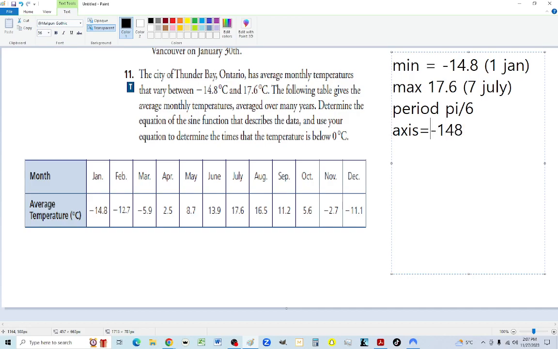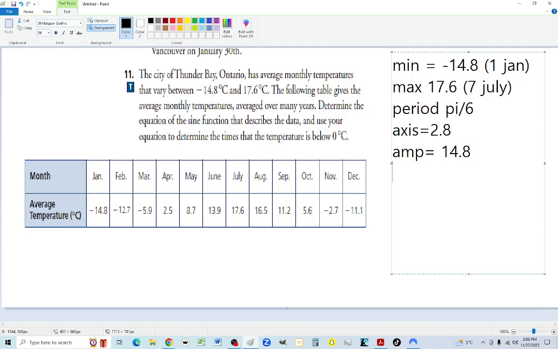Another way to do this is 17.6 minus 14.8. We can see that that's going to be 3, and then minus 0.8 is going to be 2.8. Which means our amplitude is going to be max minus 2.8, which is 15 minus 0.8, which is 14.8.